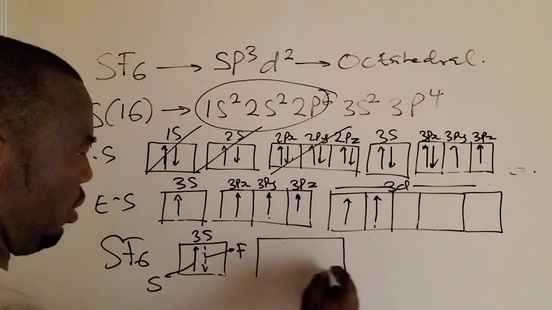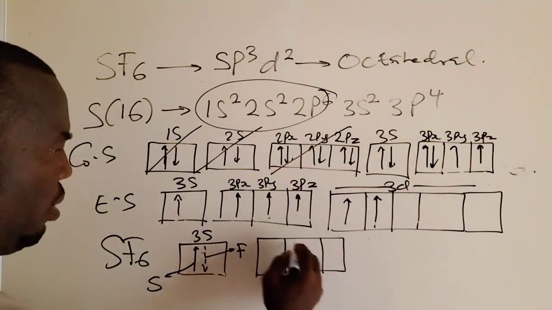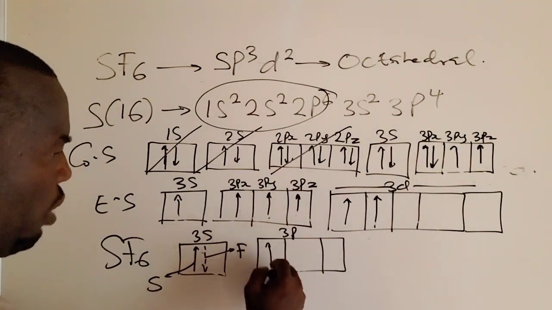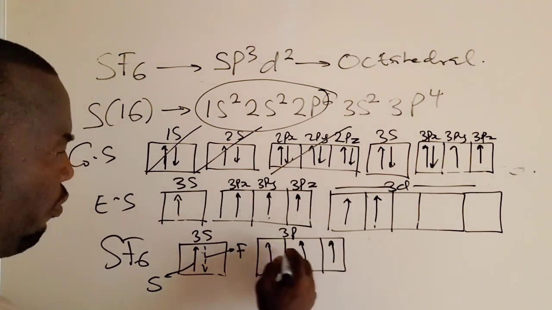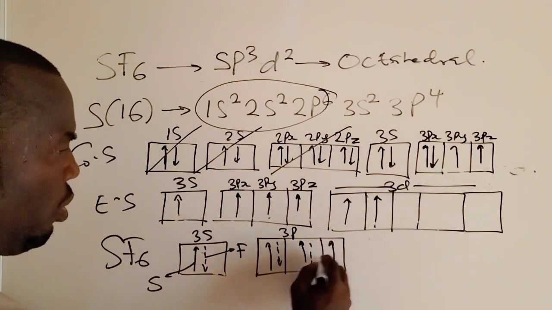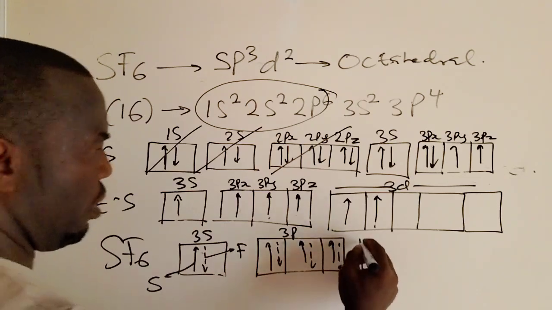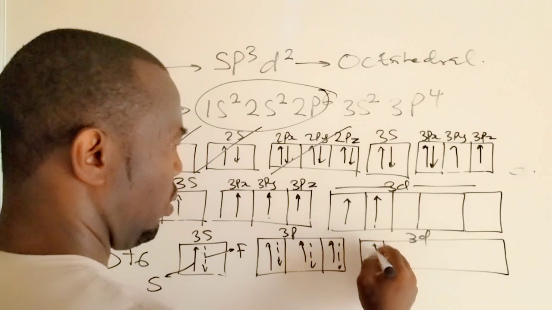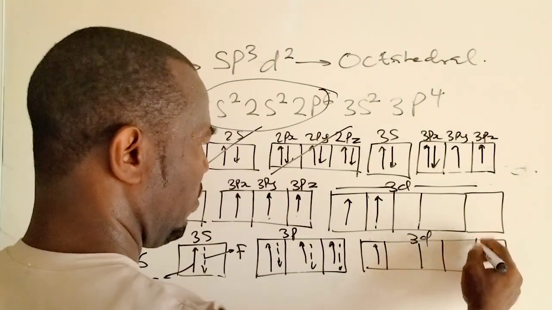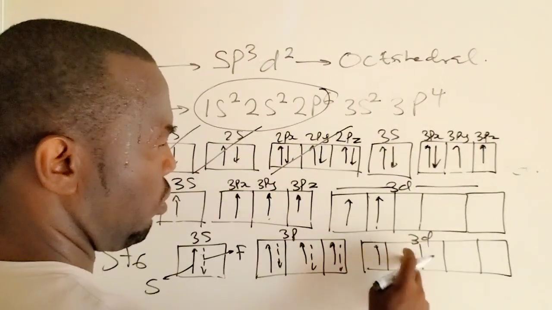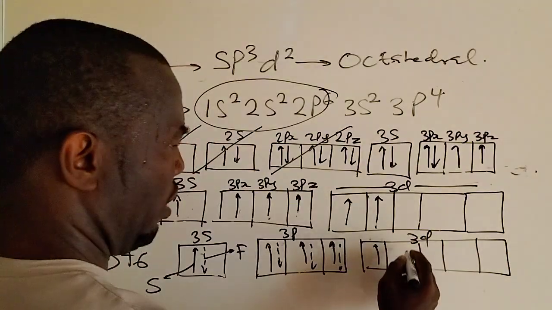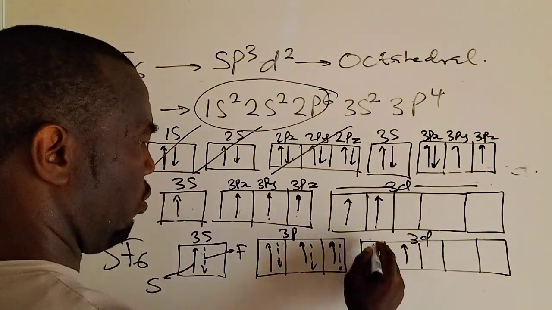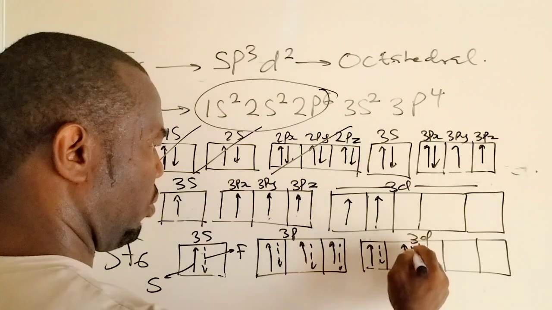So in SF6 now, we have 1 from sulfur and an electron from fluorine, filling it up. Draw the 3p containing sulfur electrons 1, 1, 1. Bring the electron from fluorine to fill it up. Draw the 3d containing 2 of the sulfur electrons. You now bring also 2 fluorine electrons to fill it up.